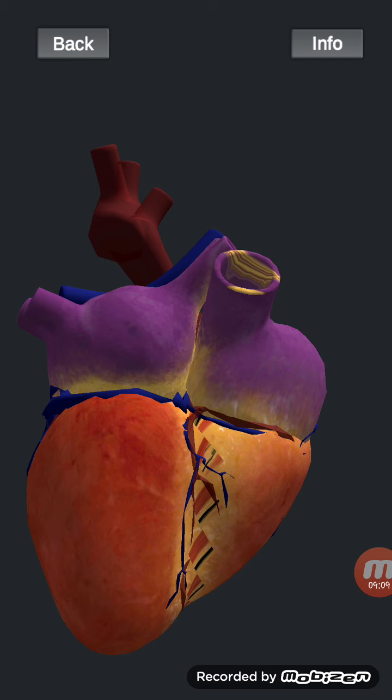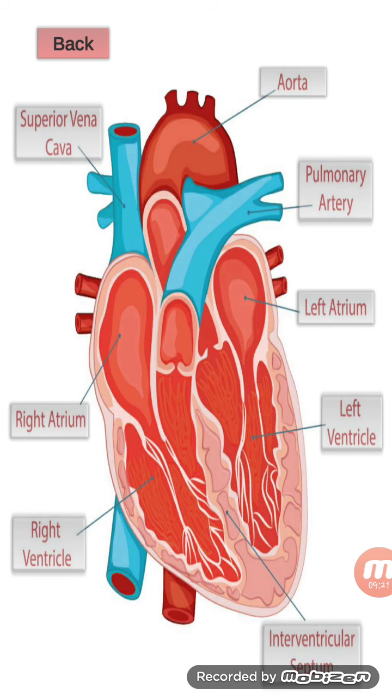Coming to the next one, internal structure. Heart consists of atria, ventricles, nodal tissues and aortic arches. See here, two small upper chambers are called atria.